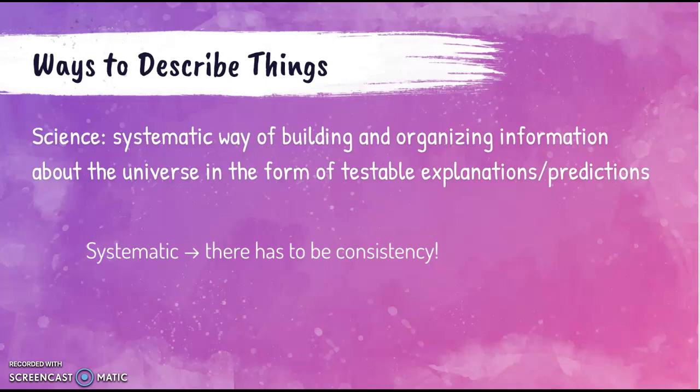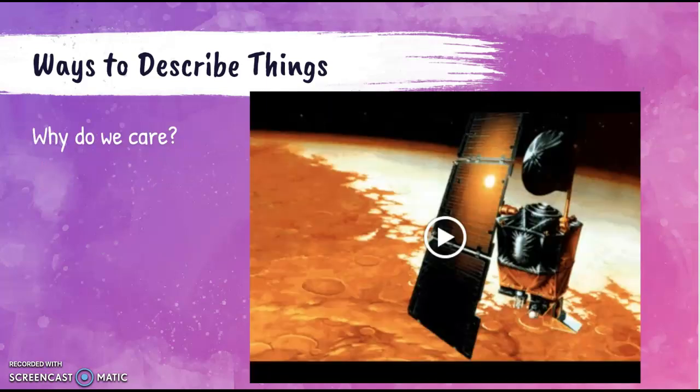But there has to be consistency. So why does there have to be consistency? Because when there's not, we run into problems. So why do we care? If you want to watch this full video, it is available on Schoology for you in the form of an Edpuzzle.